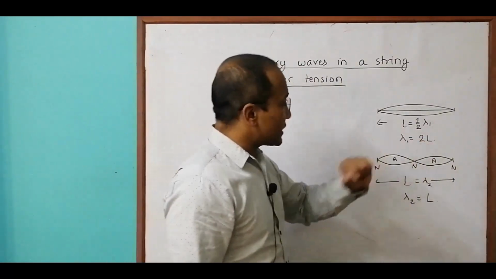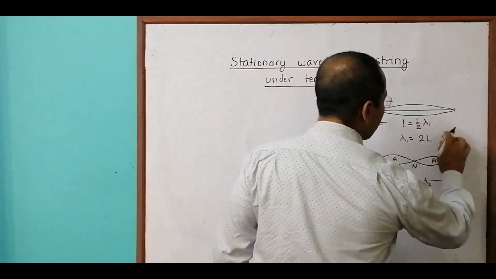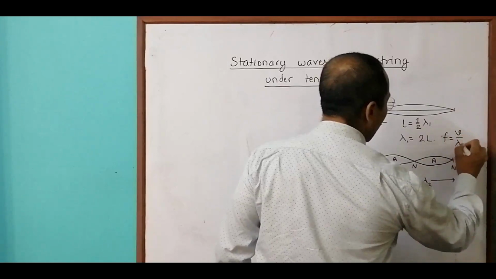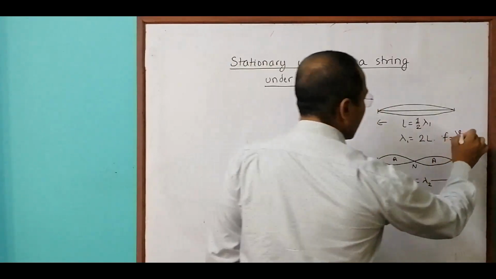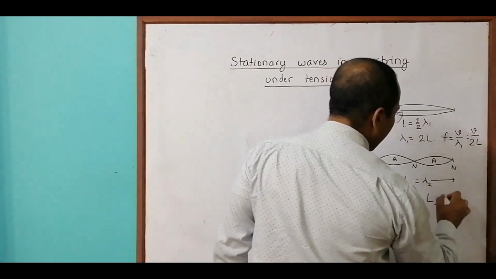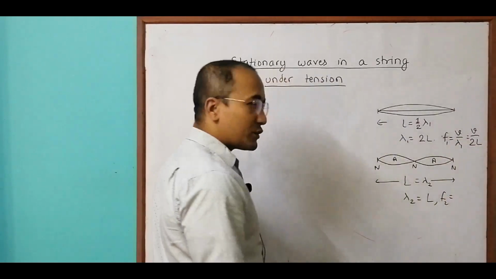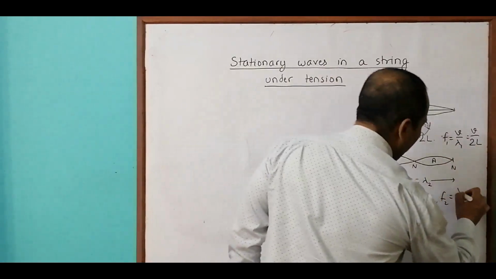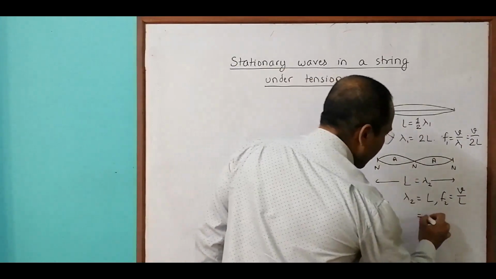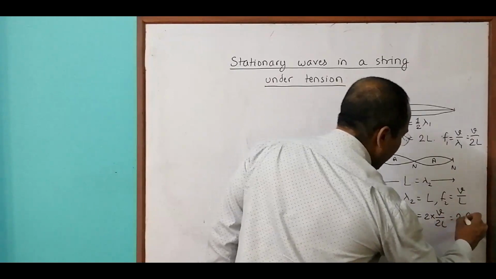Now from the previous case, what I can obtain is frequency. So frequency F1 is equal to velocity by lambda 1, which will be equal to V by 2L. And here I have got frequency F2 equal to velocity by lambda 2, which will be equal to V by L. V by L, I can change this into 2 into V by 2L, and that's equal to 2 into F1.